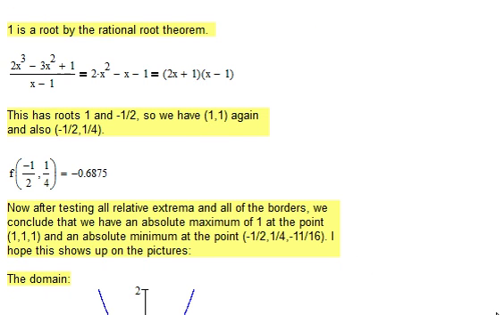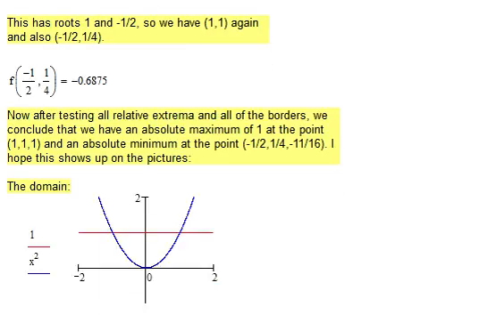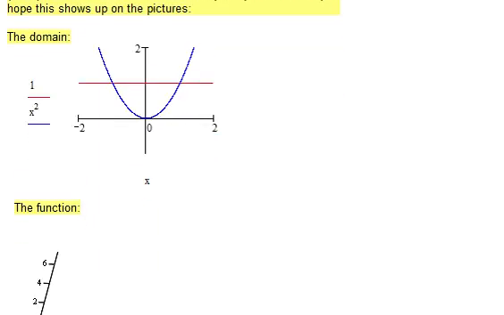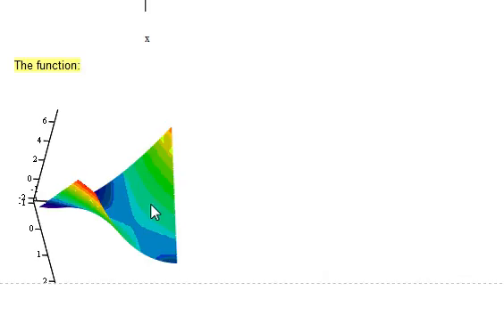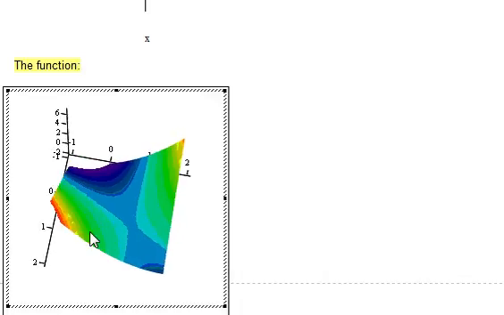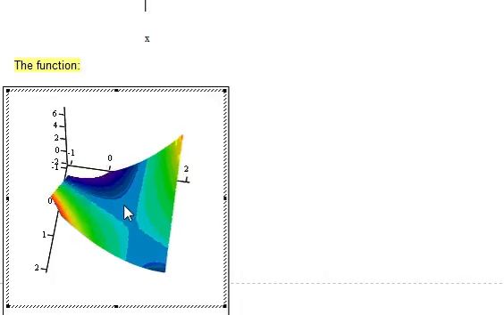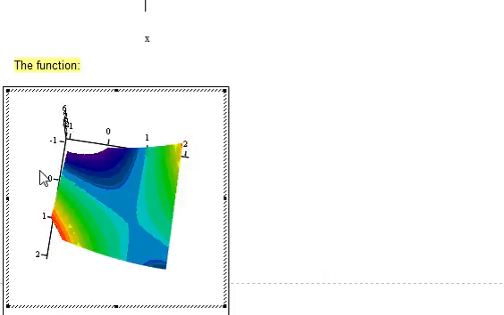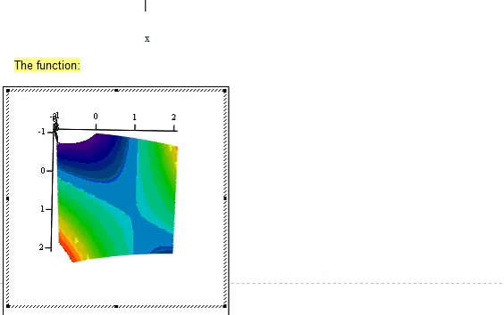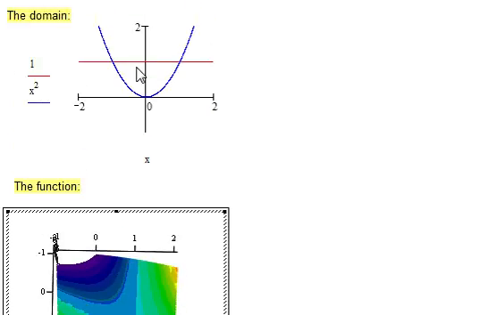Negative 11/16. And so here's the domain, and here's the function. Just remember, you have to think about this domain. We're only looking at the function above this parabola and below the line y equals 1.